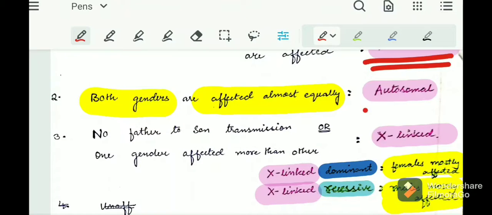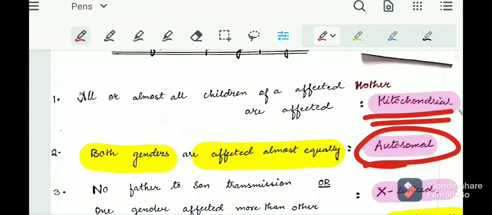If both the genders are affected almost equally, then the disease is autosomal. And if there is some gender specification, that is males are affected more or females are affected more, then the disease is X-linked.